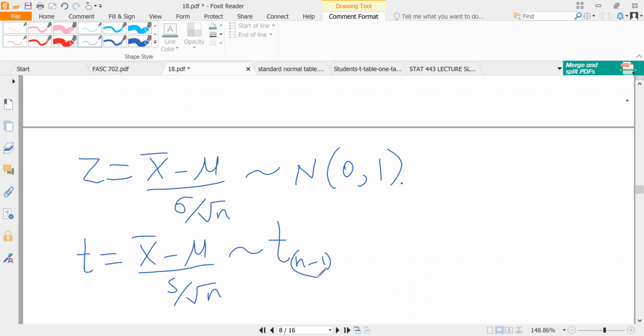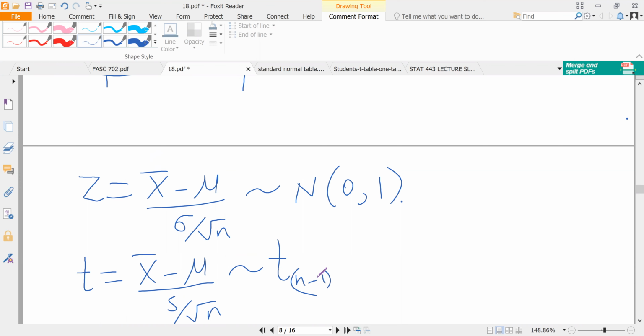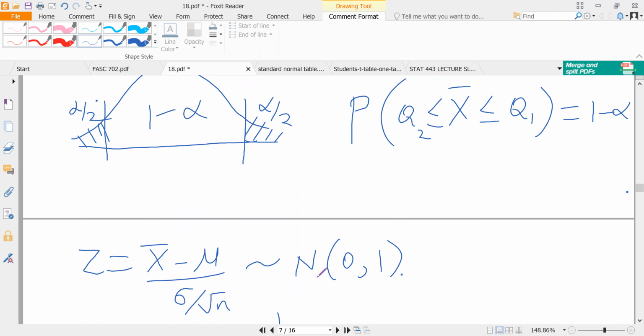Depending on your sample size, these two test statistics are what you are going to use in trying to derive the exact values of Q1 and Q2.